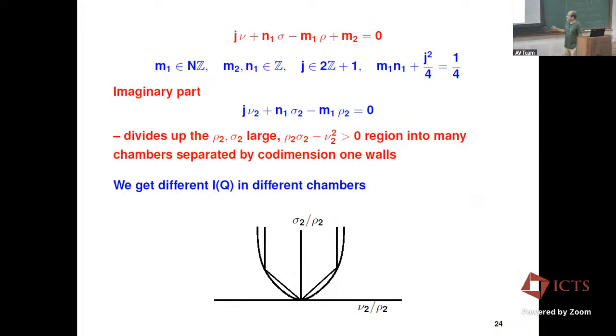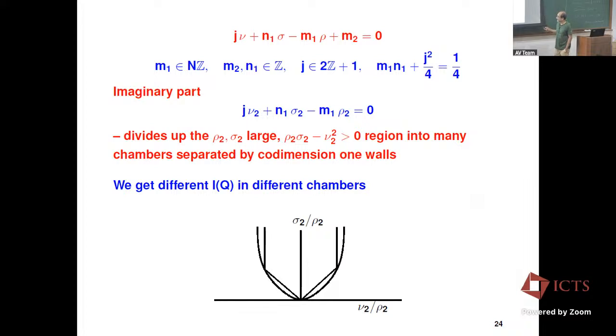So what these lines do is to divide up the ρ2 σ2 large and ρ2 σ2 minus ν2 squared positive region into many chambers that are separated by codimension 1 walls. These are the codimension 1 walls. To visualize it, it's easiest to plot it in terms of ratios, because this condition is invariant under simultaneous scaling of ρ2, σ2 and ν2.